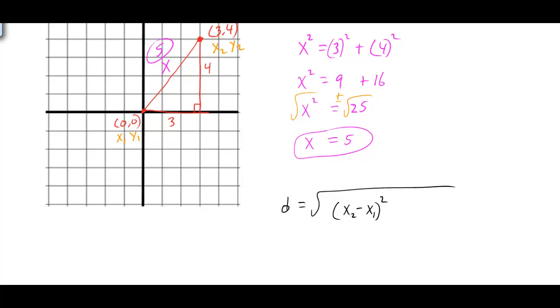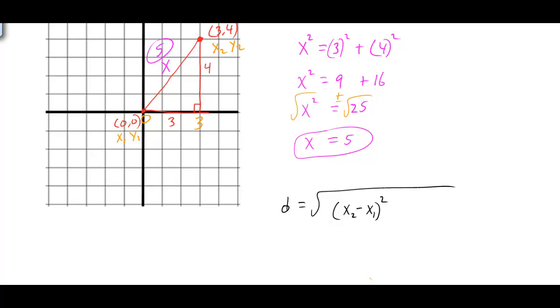And we're subtracting x2 minus x1. Well, if we look at the graph up here, x2 is telling us this distance right here. Our x2 is 3. So that's telling us this point here is 3, and our x1 is at 0.